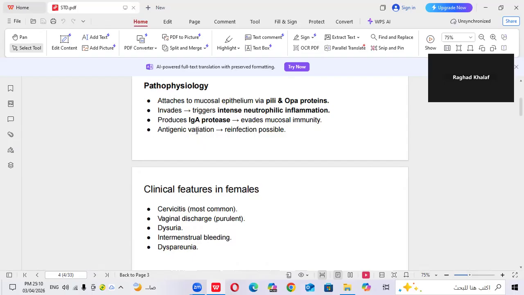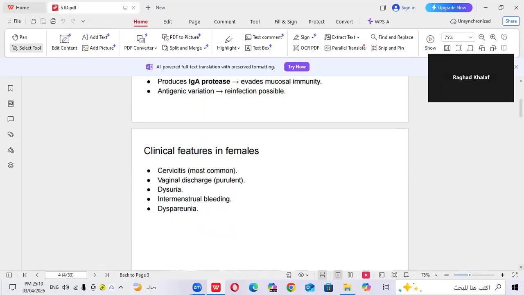This is when the microorganism changes the shape of the antigen spread on its outer surface, so the memory cells of the immune system can't remember that this infection has entered the body previously. So the immune system has to deal with it as a new infection, which makes reinfection very possible.